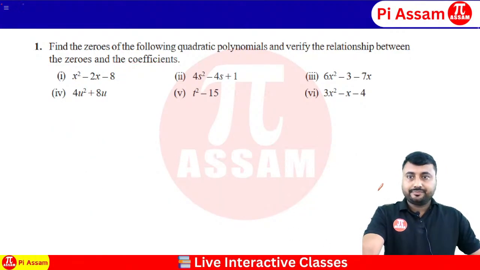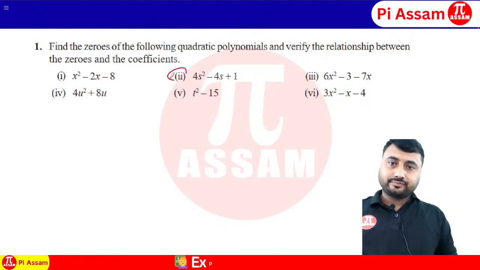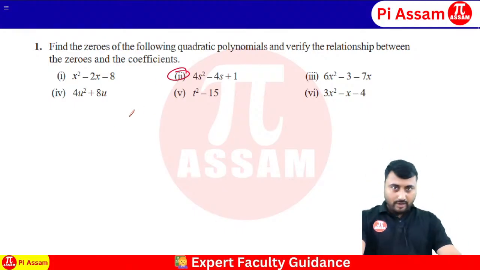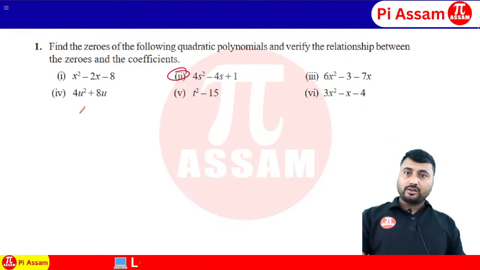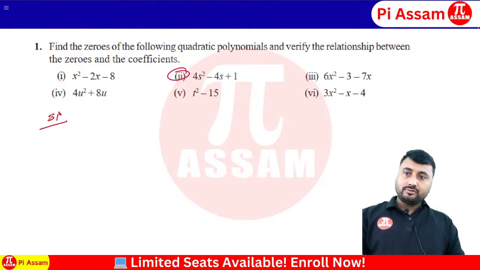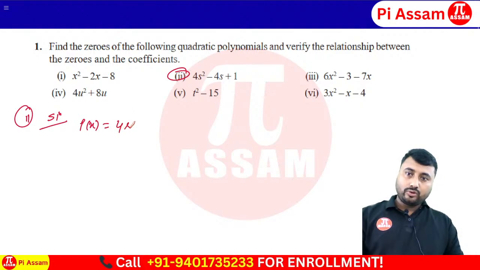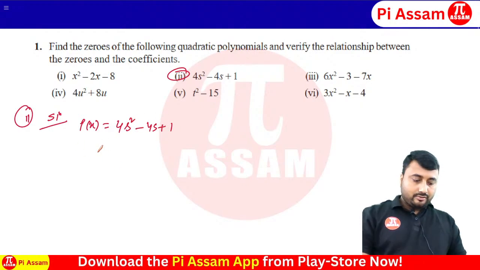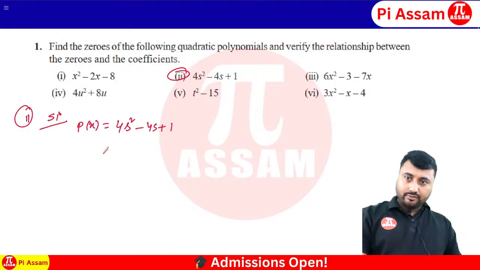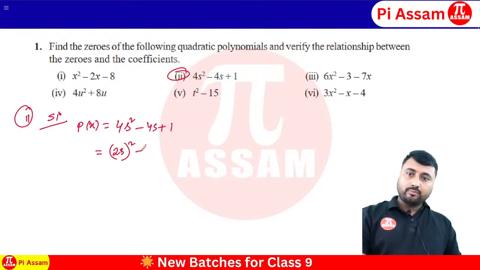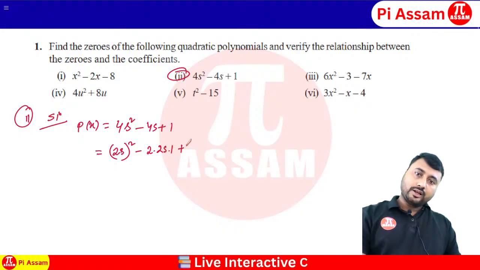So next, question number 2, p(x) is equal to 4s square minus 4s plus 1. We can write this like 2s square minus 2 into 2s into 1 plus 1 square.